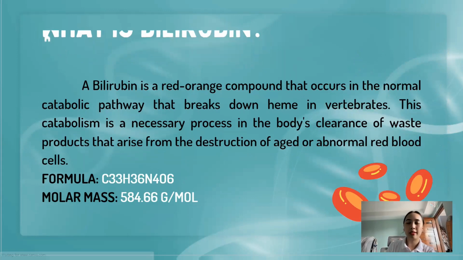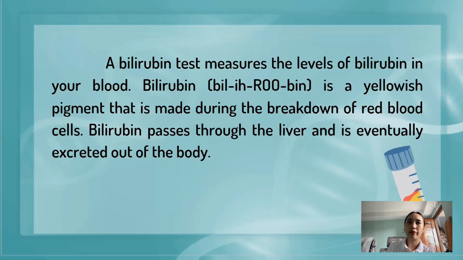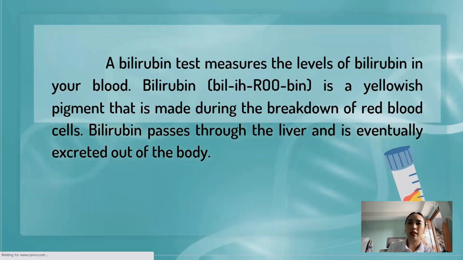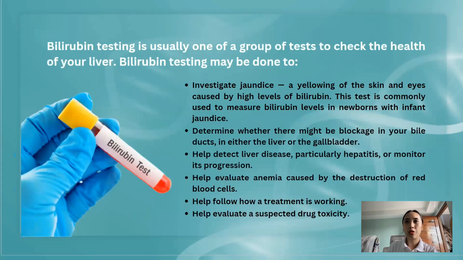If your bilirubin levels are higher than normal, it's a sign that either your red blood cells are breaking down at an unusual rate or that your liver isn't breaking down waste properly and clearing bilirubin from your blood. Bilirubin testing is usually one of a group of tests to check the health of your liver.